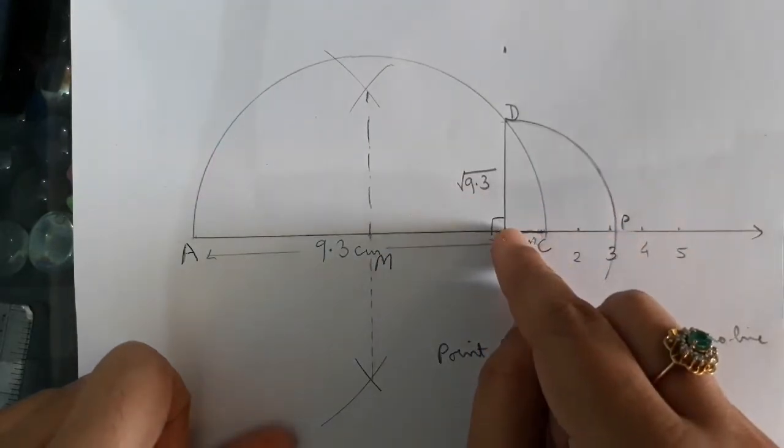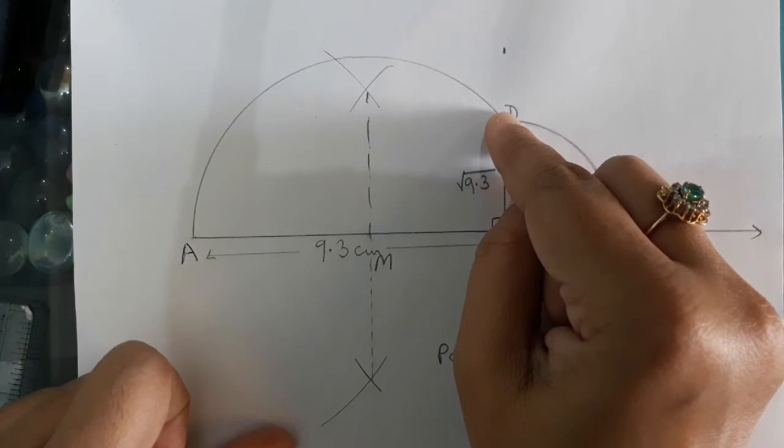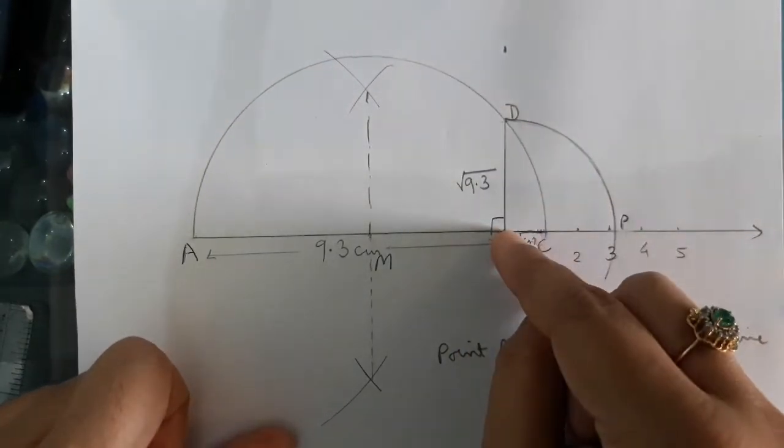At point B, using a protractor, we draw an angle of 90 degrees. We obtain point D. So BD is of length under root 9.3 centimeters.